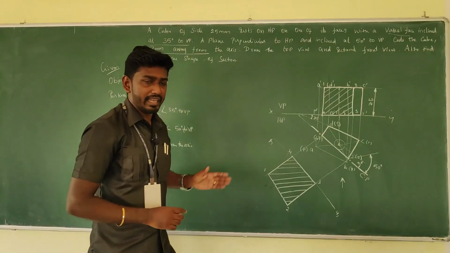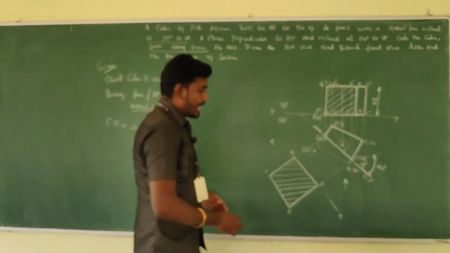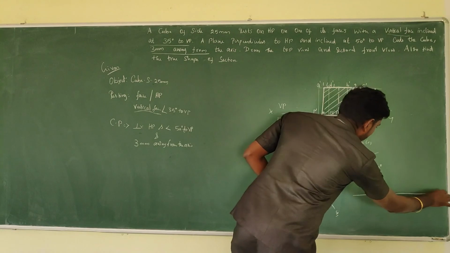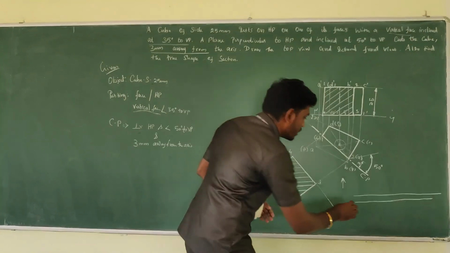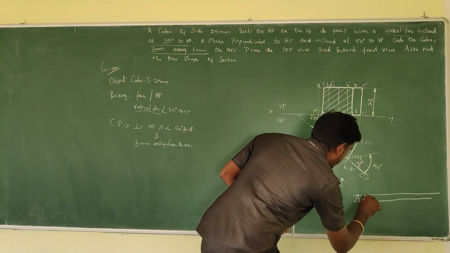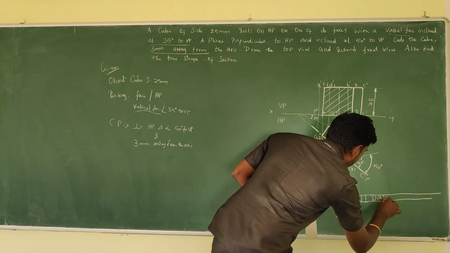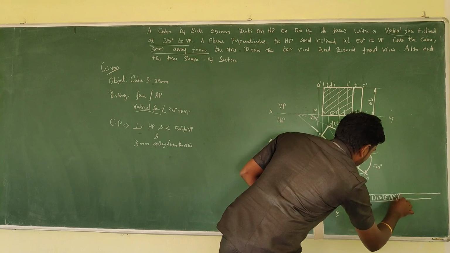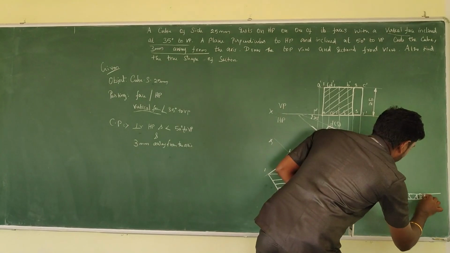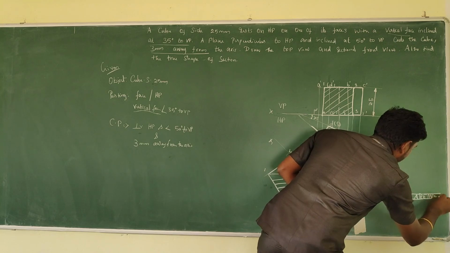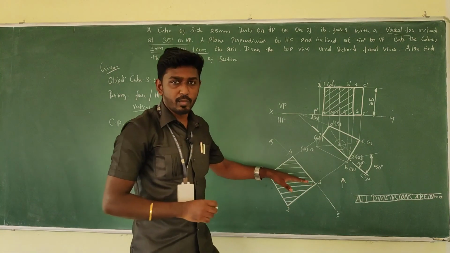Provide it in a neat manner, and write a note about the dimensions. Here we have taken all the dimensions in mm. So take a note: all dimensions are in mm. Also, you can write about the scale.